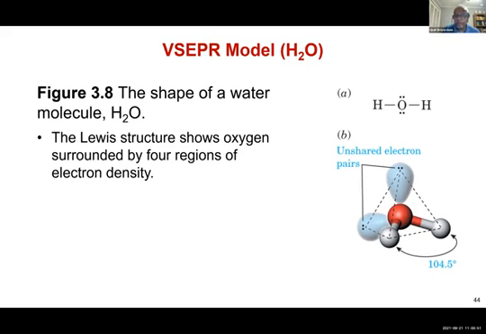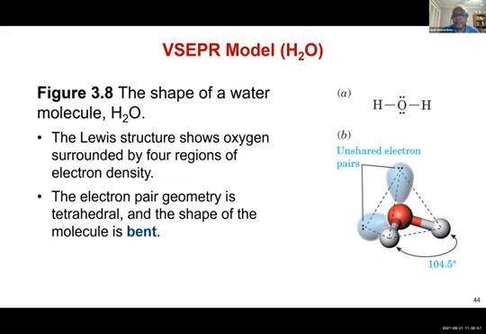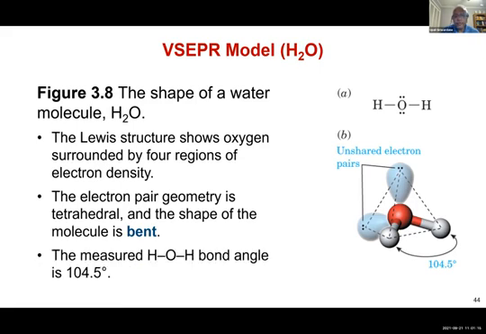So the angle is very close to 109 but deviated from it. This molecular shape is called bent. Ammonia is called pyramidal. Bent or angular, sometimes we use angular. Bent is like an elbow. Its OH bond angle is 104.5.